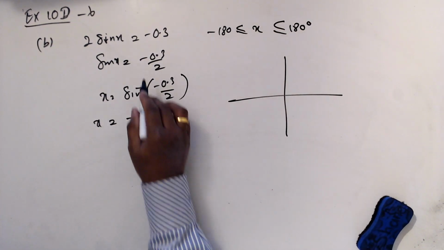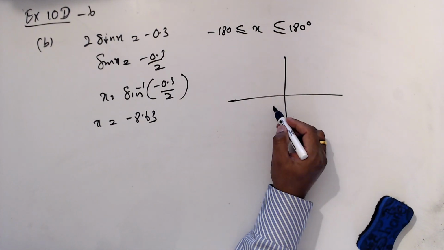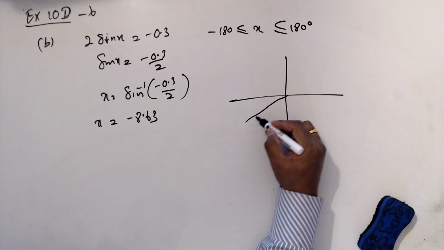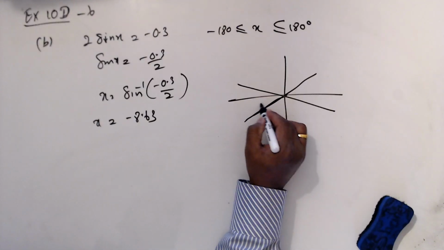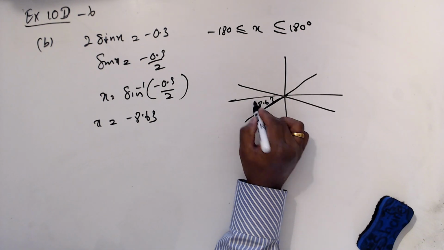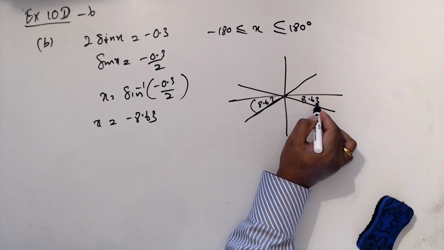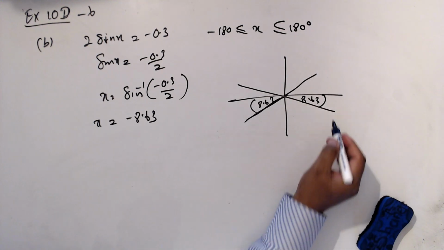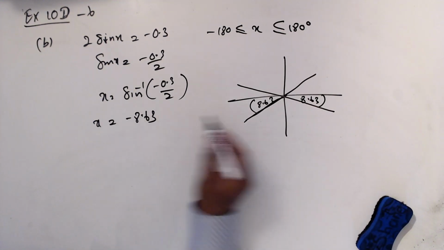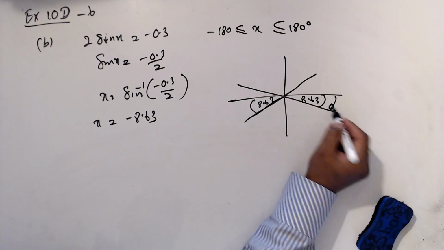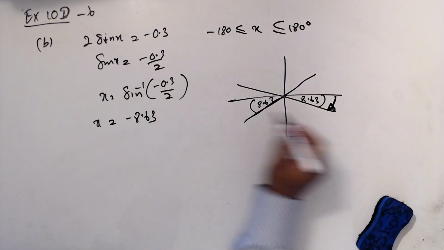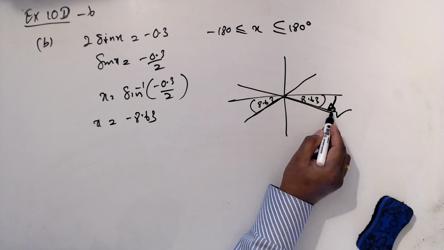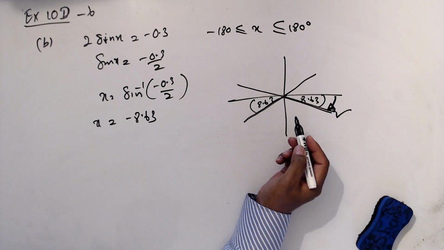Now sine is negative in third and fourth. So this is 8.63, 8.63. So already we have one. So this one we work the other way, the clockwise, and it is here. This branch is fine. Now we want to get this one.